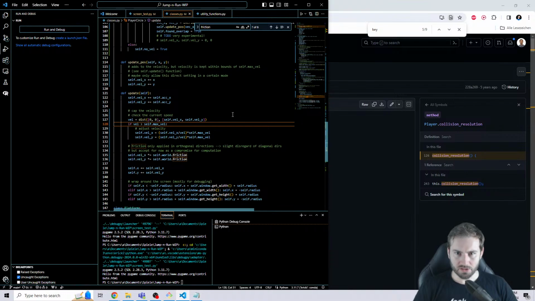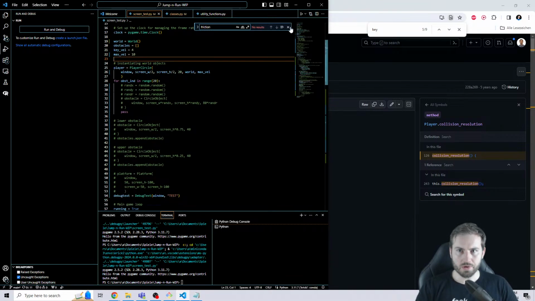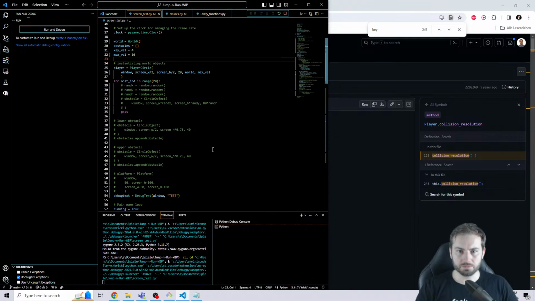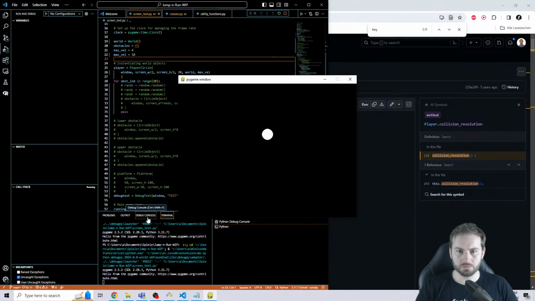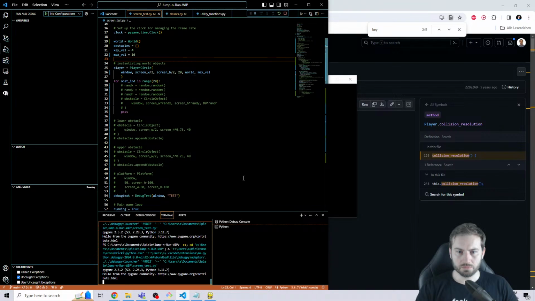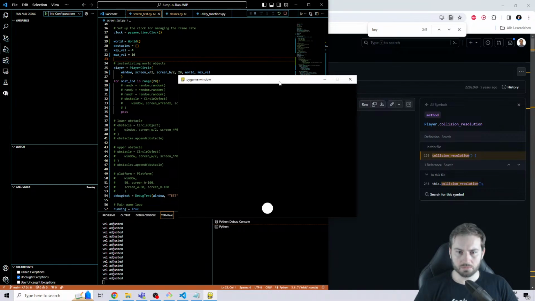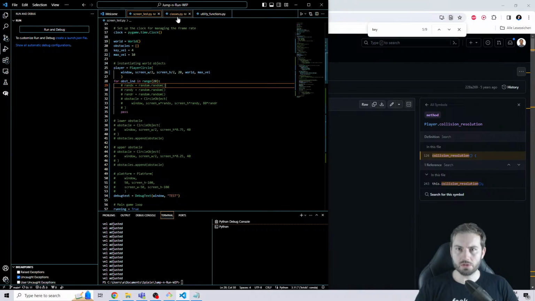To check if the velocity is adjusted. If I don't press anything, it's just the gravity. It's not going in there, so that's not the reason why it is slower.